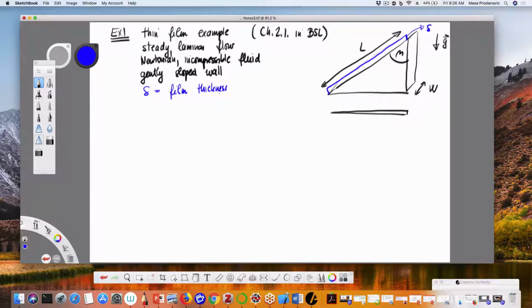First things first, I'm going to choose a coordinate system, and I'm going to align mine with the slope. So I'm going to redraw that coordinate system right here.